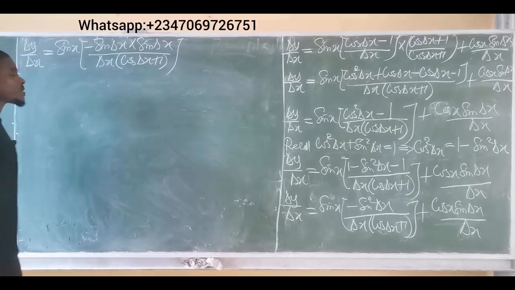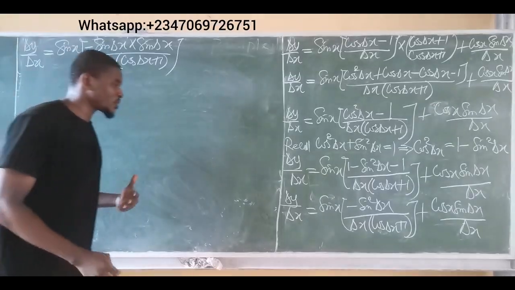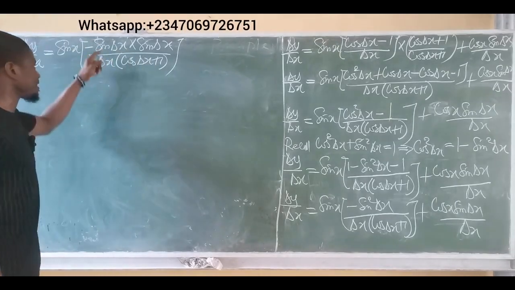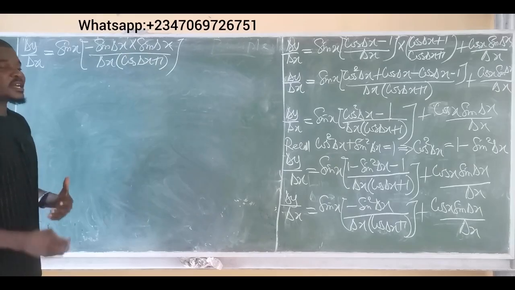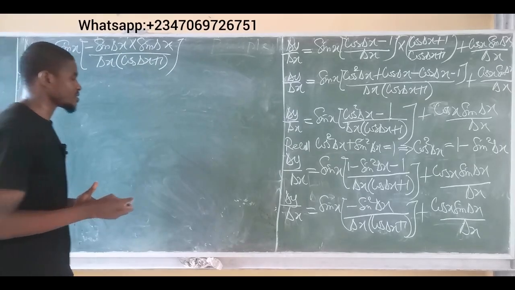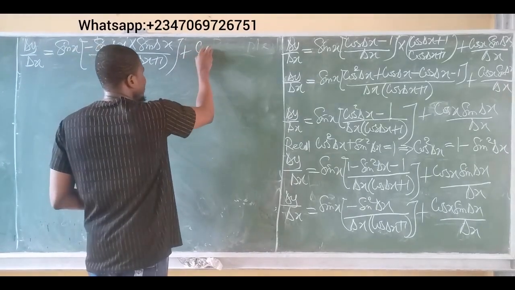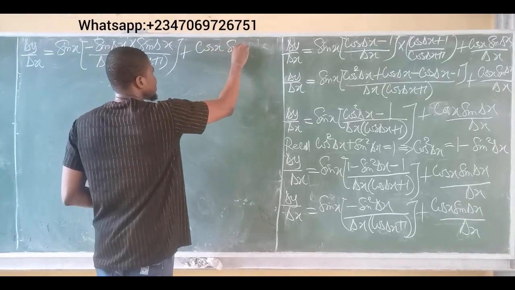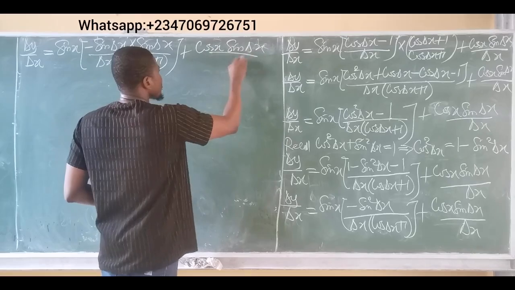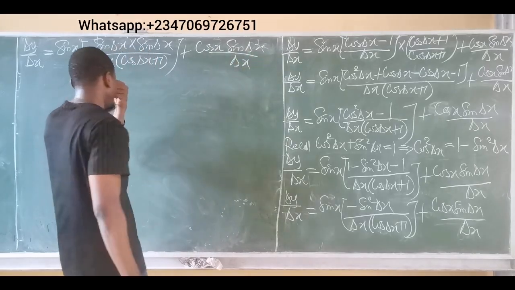All right, so the numerator is basically the same. All I did was expand sine squared. So sine change in x multiplied sine change in x, that gives us sine squared change in x. All right, plus cos x sine change in x all over change in x.